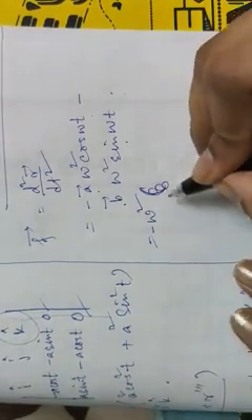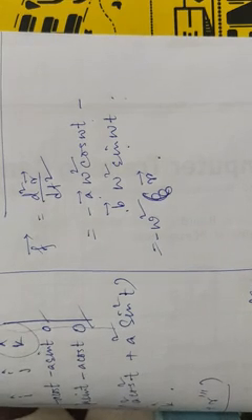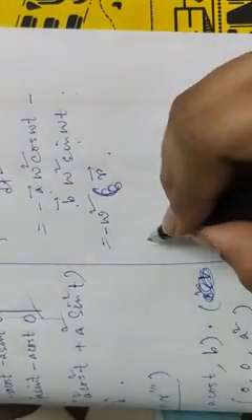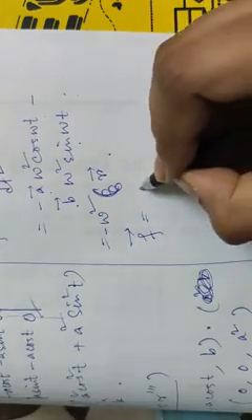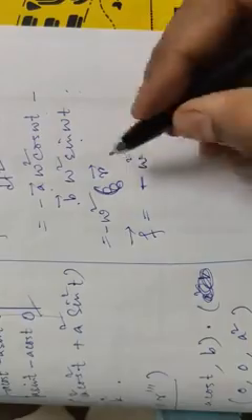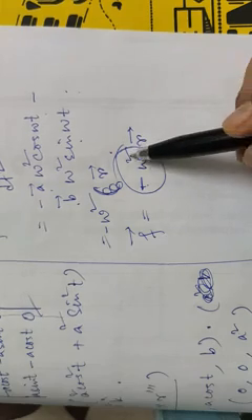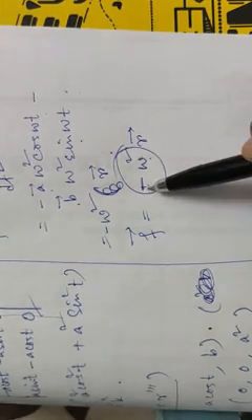So we can write it as minus omega square r. Now check what we have to prove: that its acceleration is towards origin. Here we get that f equals minus omega square r. Omega square is obviously a constant and positive, so minus omega square is negative.